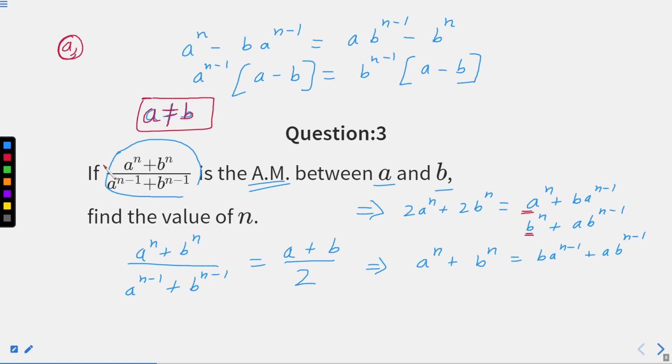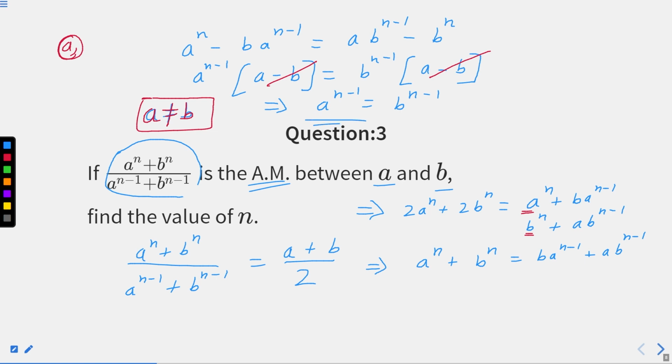So if we have to put something in between two numbers, then those numbers must be distinct. Okay, so A and B are distinct, implying A^(n minus 1) must be equal to B^(n minus 1). Okay, so this will get cancelled out.